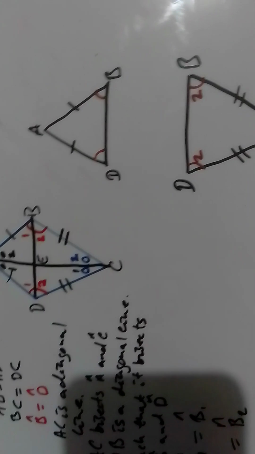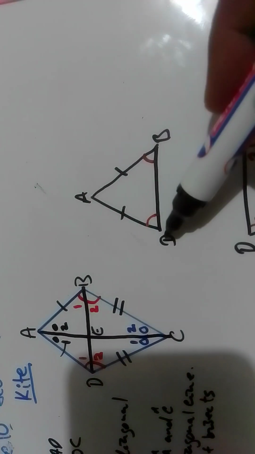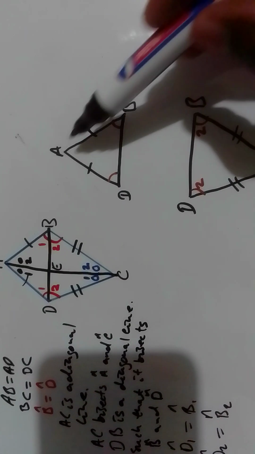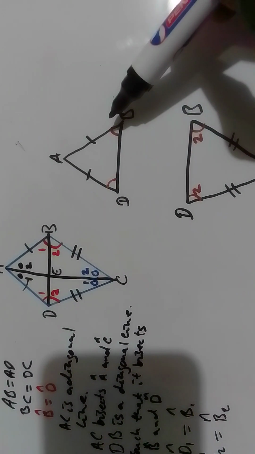Alright, as you can see in triangle ADB, what's happening here, we've got these markings on line AD and line AB.